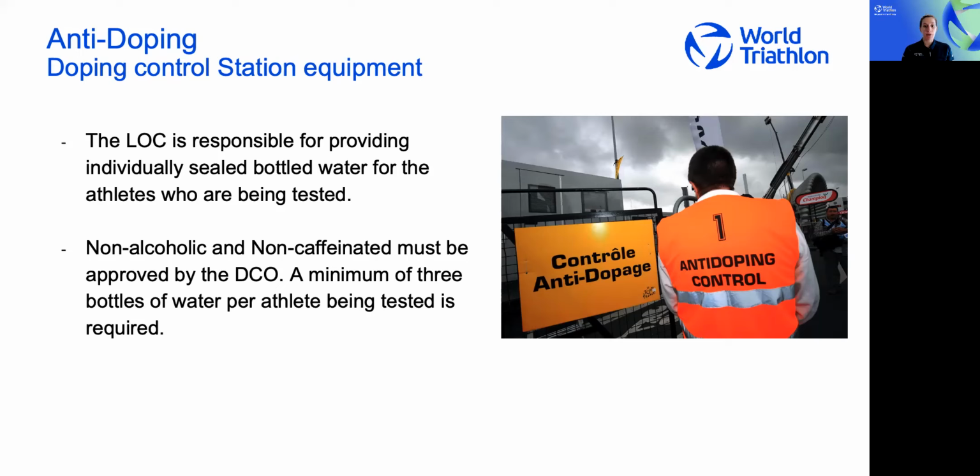There is a minimum number of 3 bottles of water per athlete that is being tested to be provided. You should also have chairs, tables, and stationery for the athletes to sit and for the doping control officers to be able to write on and use during the paperwork that is needed to take place.